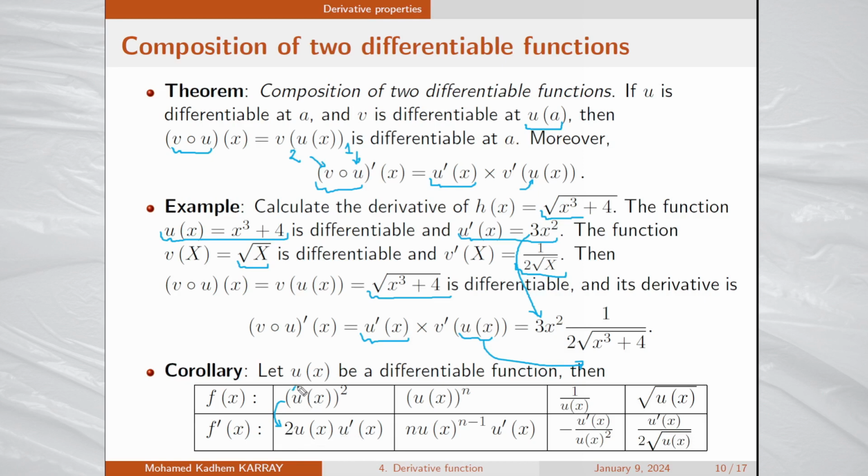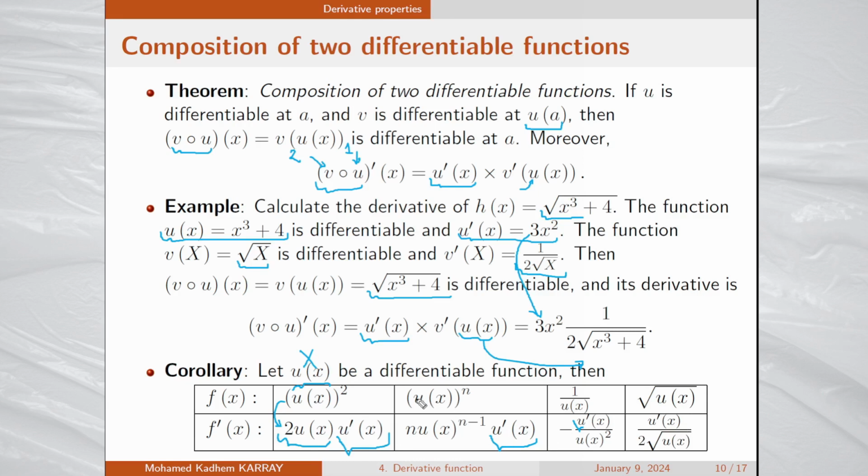We consider u as a variable. So if it was x squared, then the derivative is 2 multiplied by x. So this is the first term. And then we add the corrective term, which is u prime. And you see in this table that this correcting term is always the same. Okay, so u prime will always be the correcting term in my formulae.